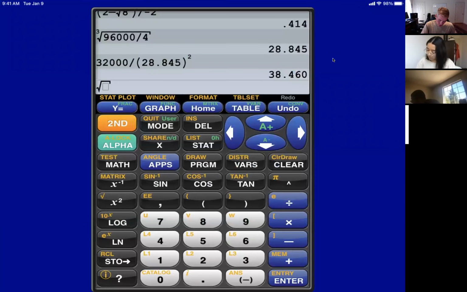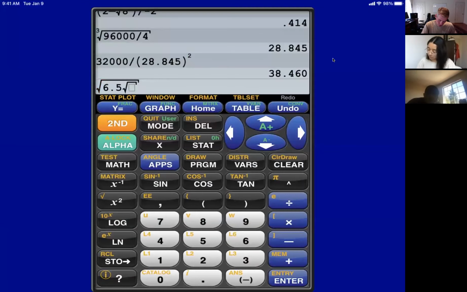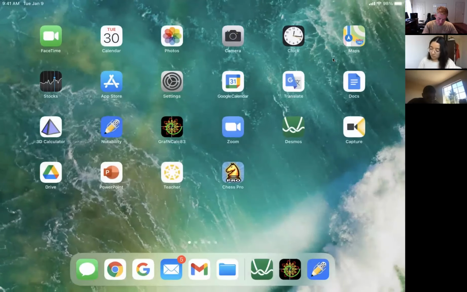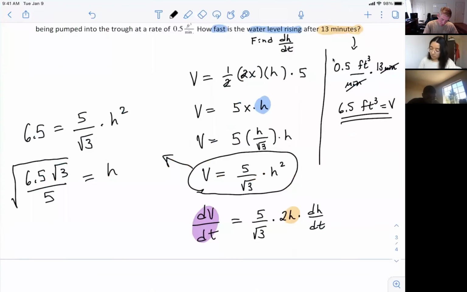So the square root of a 6.5 and then a square root of 3. And still inside the square root, put divided by 5. So it's about 1.5 feet, 1.501. So the height equals 1.501.